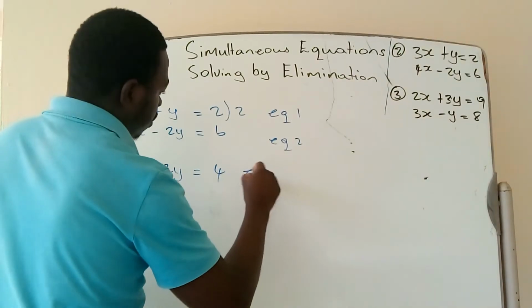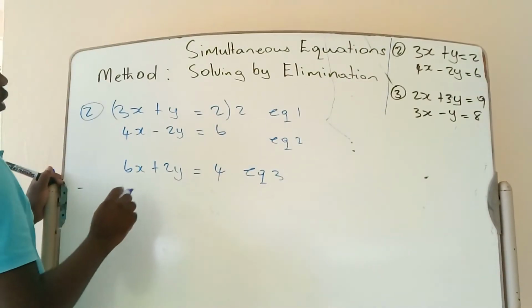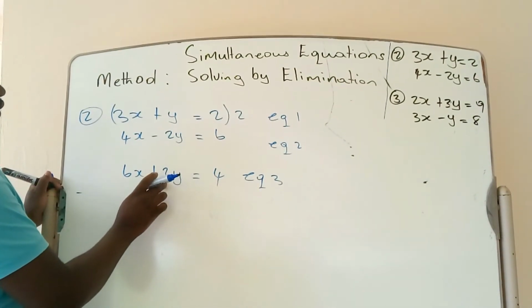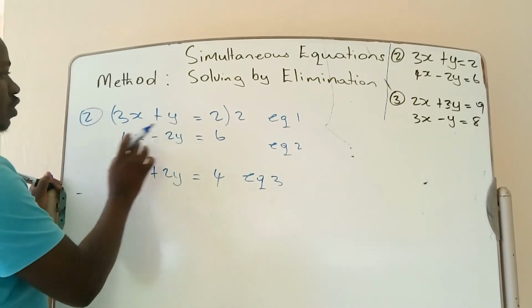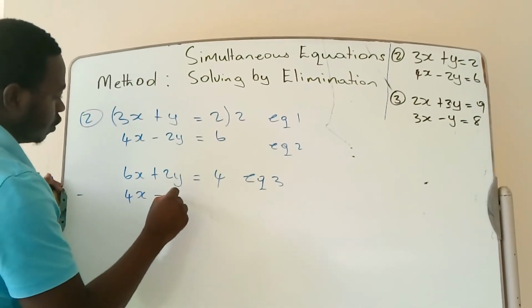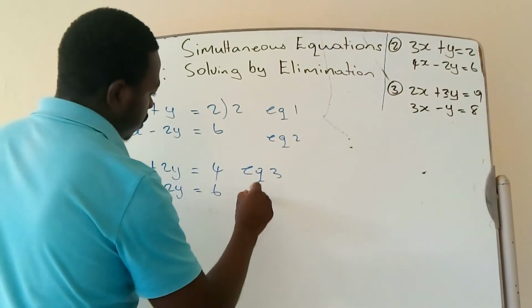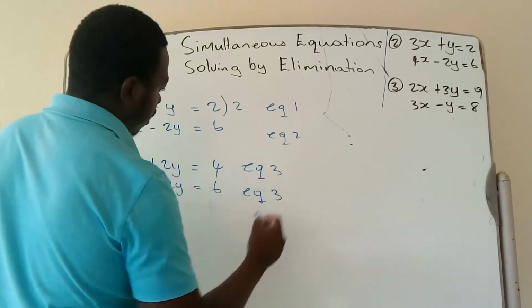And this is now equation 3. I already have 2 here, so I just write back equation 2, which is 4x minus 2y equal 6. And now this becomes equation 4.